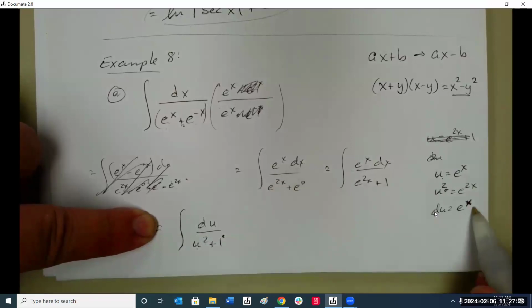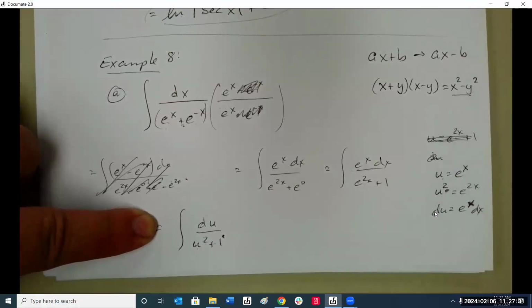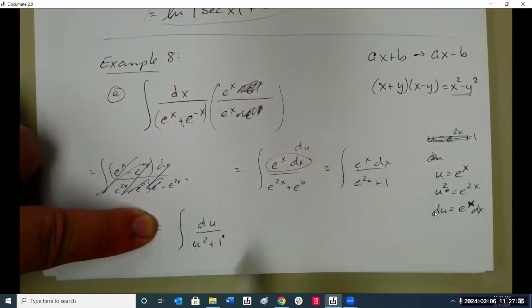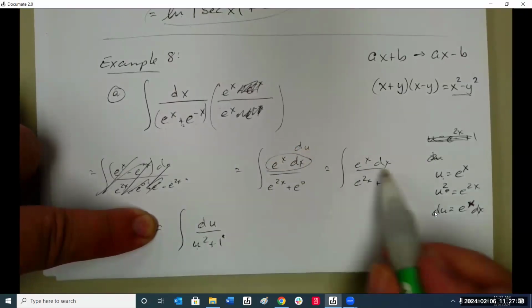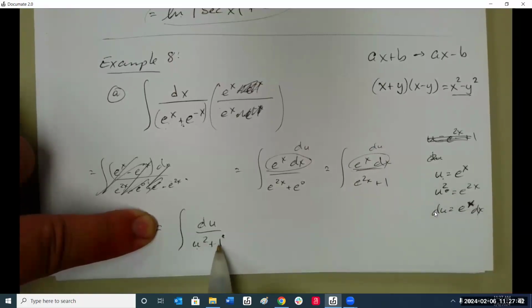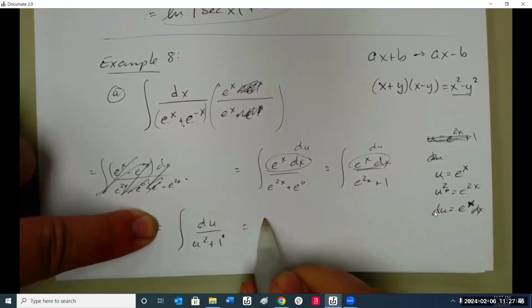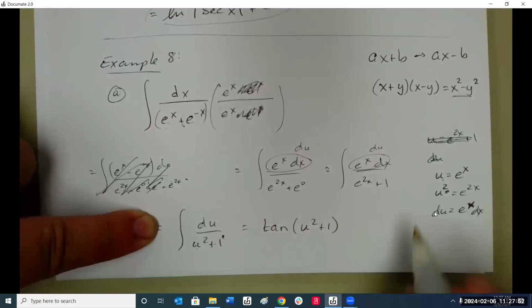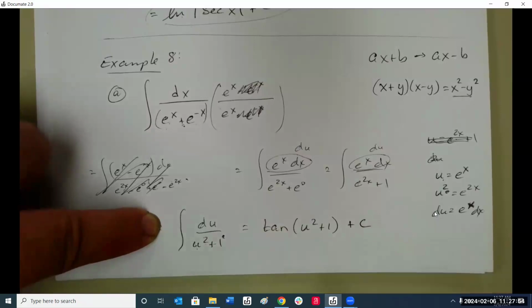So we have e to the x dx. There's du. And that's u squared plus a squared. So it equals tangent of u squared plus 1 plus c.